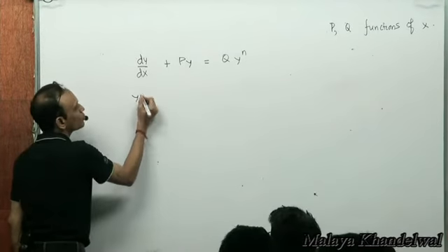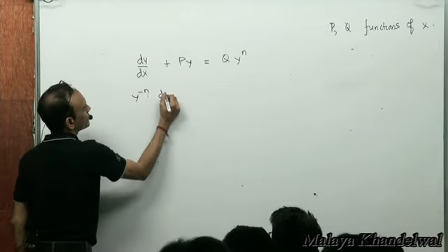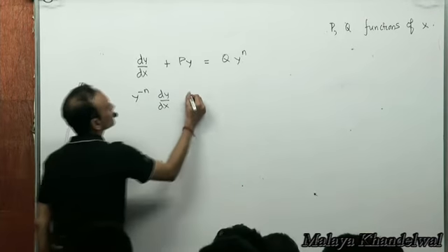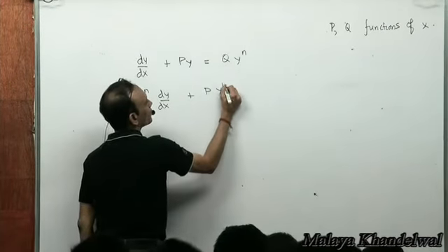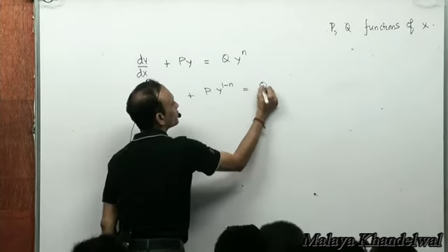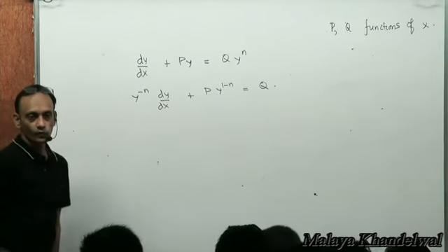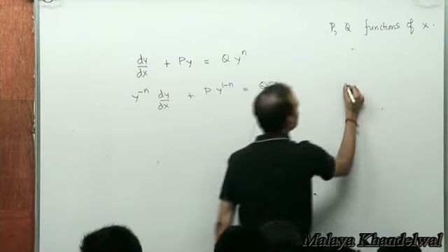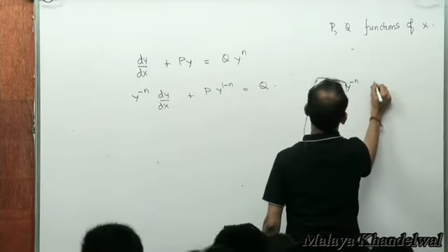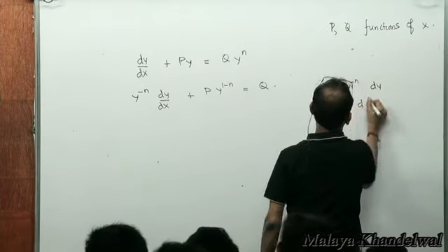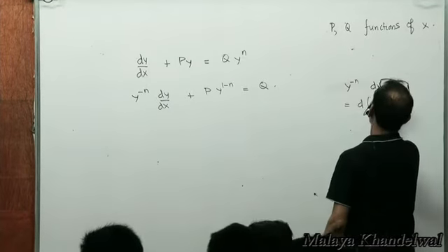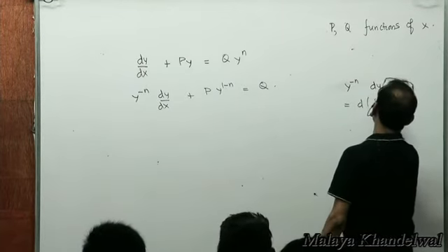I multiply throughout by y to power minus n. Equal to q. Now, y to power minus n dy is d of what? Y to power 1 minus n divided by 1 minus n?